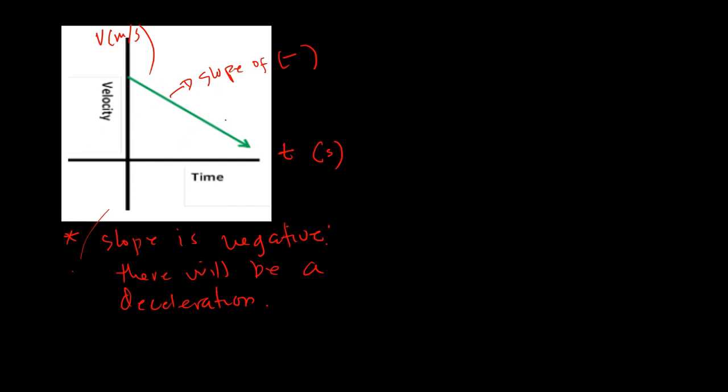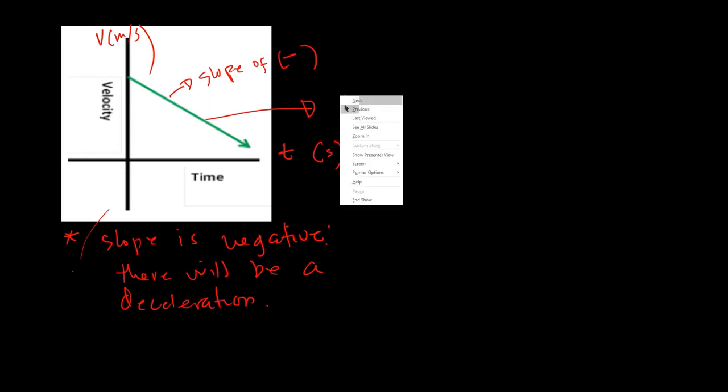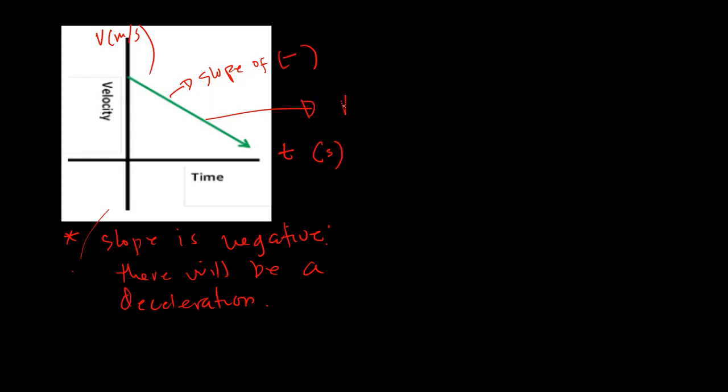So this means that if the slope is negative, this is exactly what is happening to the so-called negative velocity. When the object is moving and suddenly slows down at a point, this is exactly what the graph looks like.